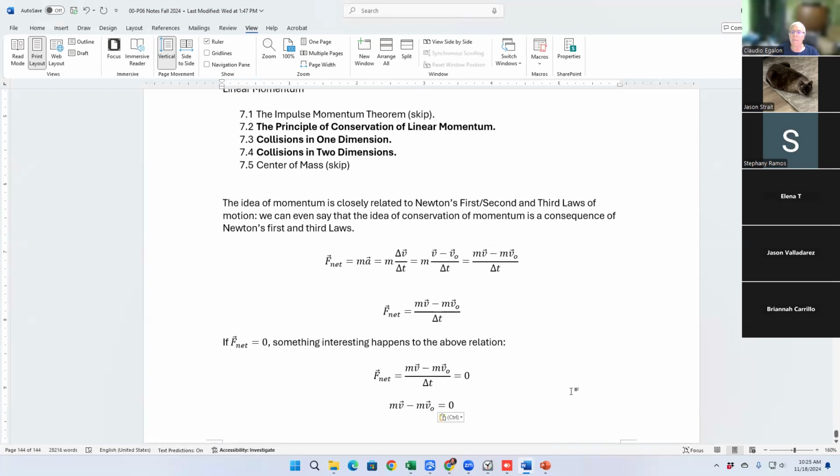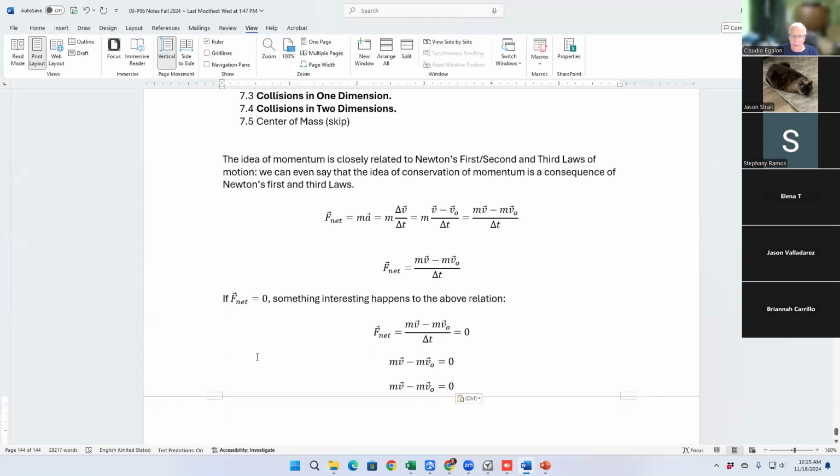Do you agree with that? Even better, you also have that the mass times the final velocity is equal to the mass times the initial velocity.